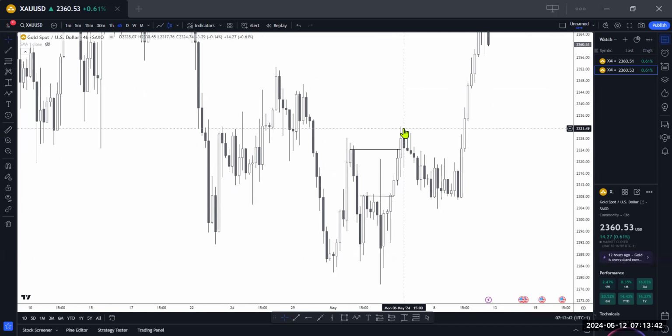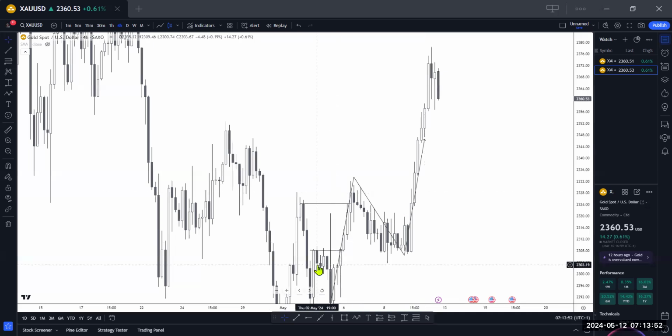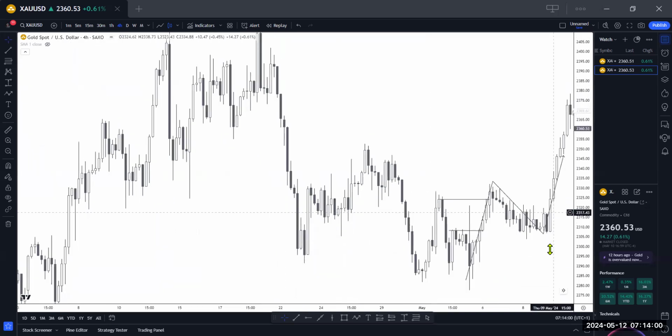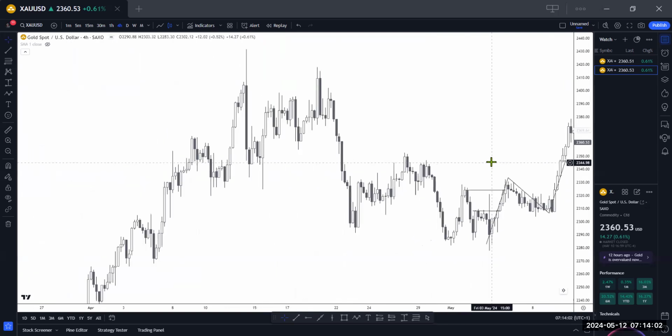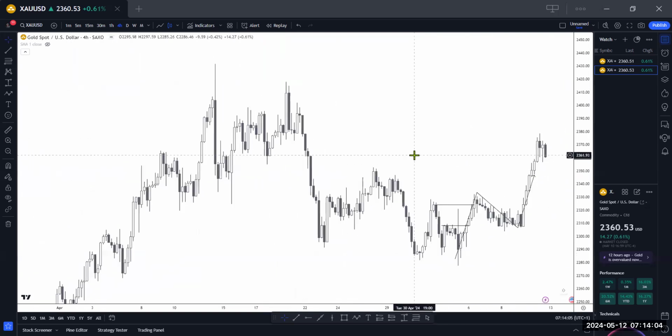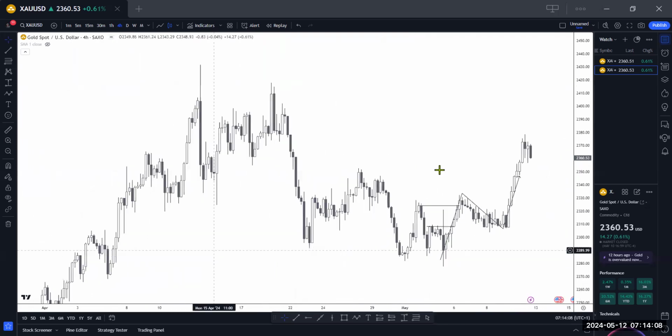So price broke out, retraced, entry. Two-time breakout, like I said, is based on H4 and H1. When you get a two-time breakout on H4 or H1, you are very, very good to go, honestly. Okay, so another example.